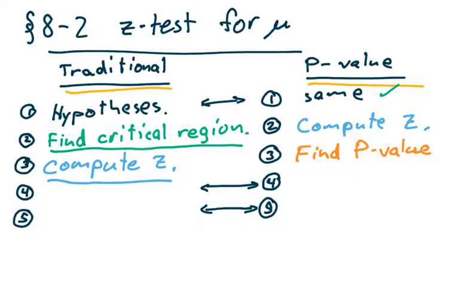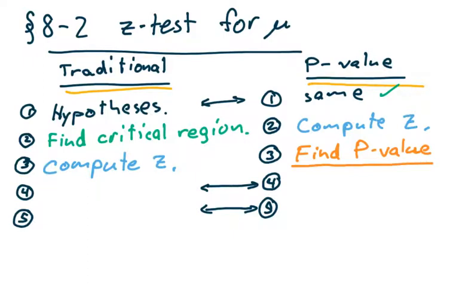All right. On the other hand, with the p-value method, we've already computed z, and so we're going to find the p-value that's associated with that z-value. And then we're going to make our decision based on what that p-value is. If that p-value is less than or equal to alpha, then we reject H subscript 0.